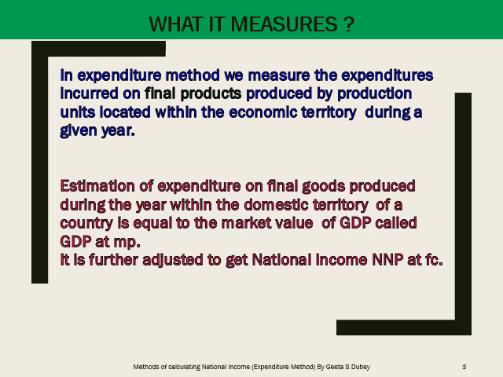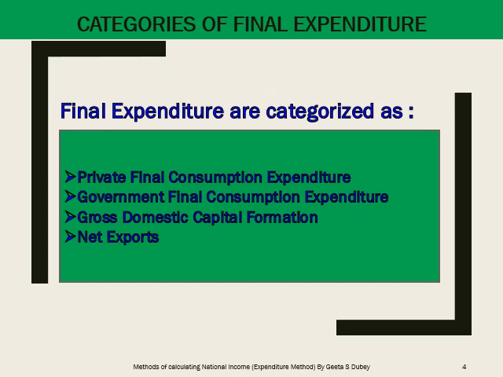So children, the economists have classified the consumption and investment expenditure incurred by all under the three sectors, that is the primary, secondary and tertiary sector. This final expenditure incurred by all the three sectors is categorized under four broad categories.